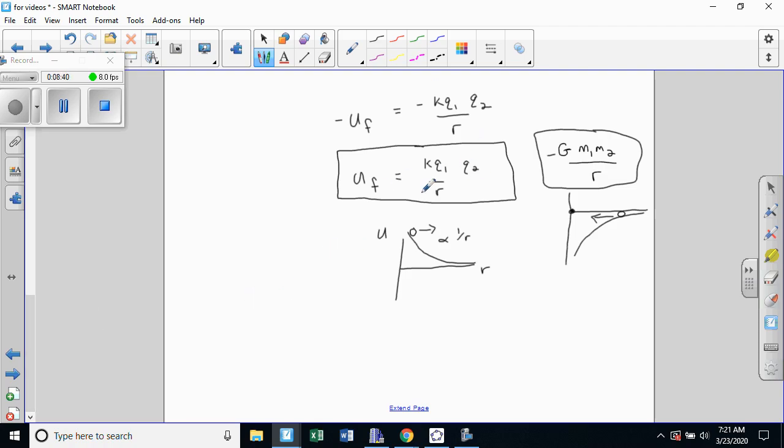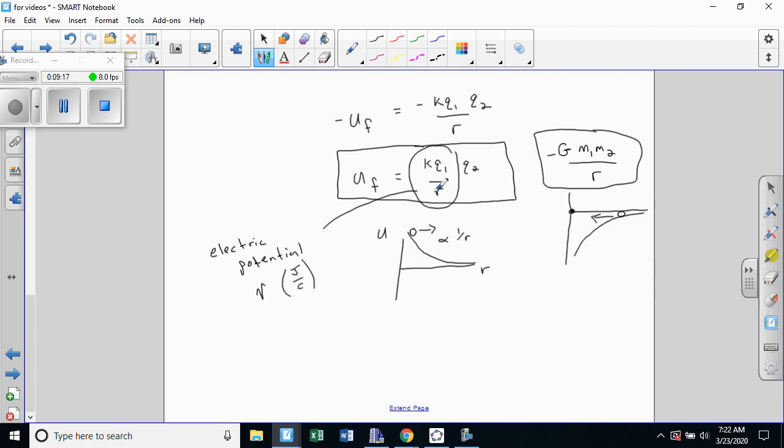Okay, but I've also written this potential energy kind of suggestively by separating the Q1 and the Q2. I want to highlight this term in front, this K Q1 over R, and this is actually what we call electric potential. Electric potential, okay, and that is V, electric potential V, and well, if this is energy and Q2 is Coulomb or charge, then this guy, electric potential, would have the units of a joule per Coulomb.